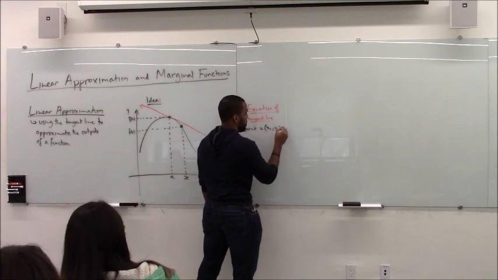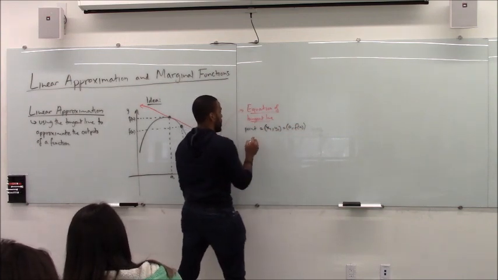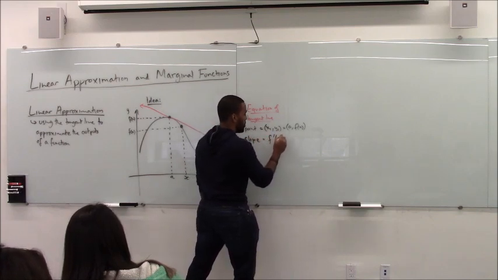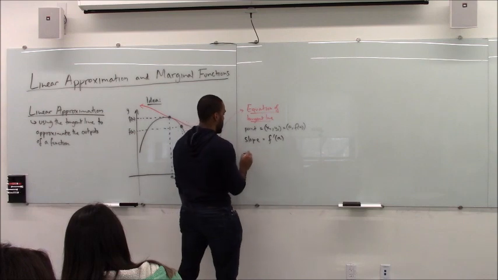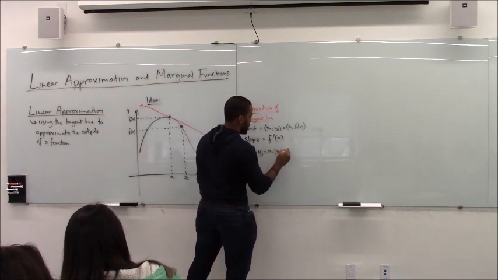x1, y1 equals a comma f of a, so that's the input and output, and you know that the slope is just going to be, of course, the derivative evaluated at a, then you could use y minus y1 equals m times x minus x1.